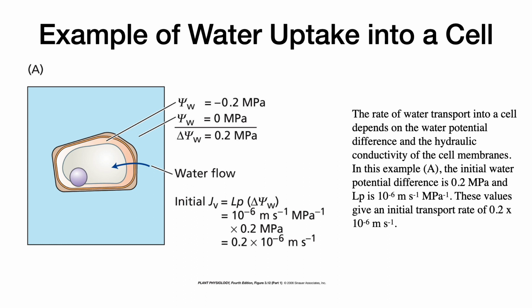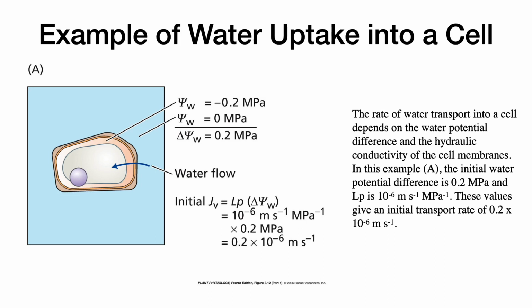In this example, we see a cell inside of a beaker, and we can measure the water potential outside the cell in the liquid. In this case, the water potential is 0 because the water is pure. So we have an open beaker here to have it at atmospheric pressure. For now, we'll define that the water potential inside the cell is lower than that because it has components in it.